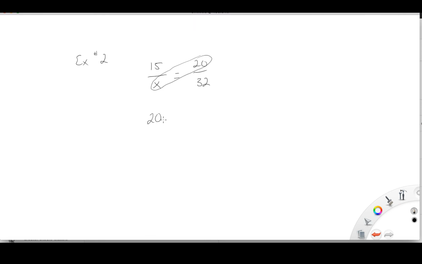So I'm going to say 20x equals, and then I've got to multiply this one, which is 15 times 32. All right, let's multiply those out. Add them together, and we have 480. So 20x equals 480.